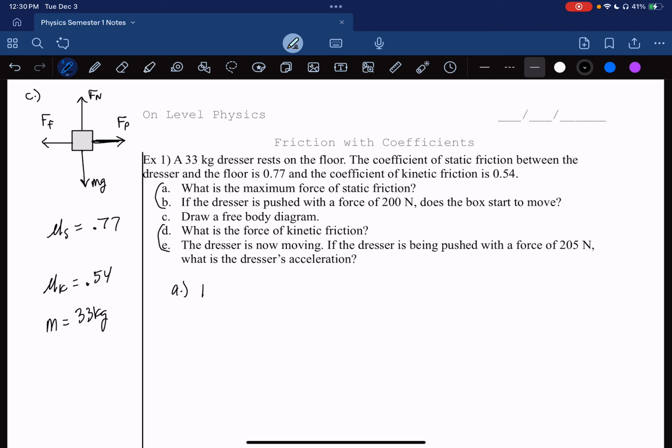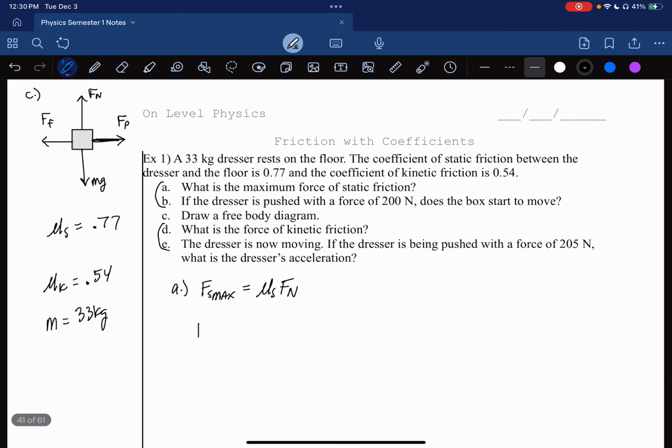Part A, what is the maximum force of static friction? So we'll use our equation. Fs max, the maximum force of static friction, is equal to 0.77, I'm pulling that from over here, from the problem, times Fn. So what is that force?